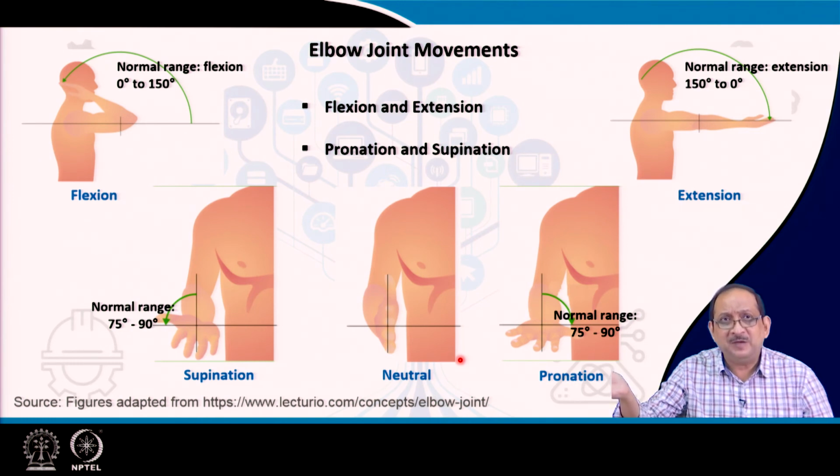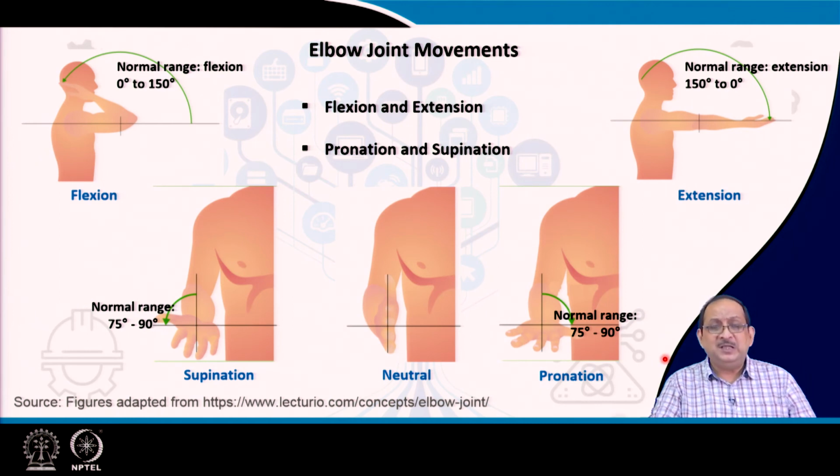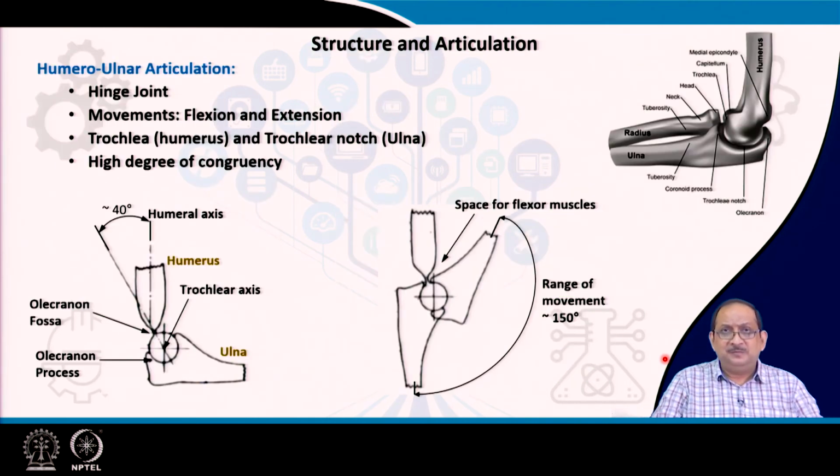So, we have normal range of 75 to 90 degrees. Closing the arm in the opposite direction is pronation, as indicated here. So, these are opposite rotational movements in the elbow presented here in the slide.